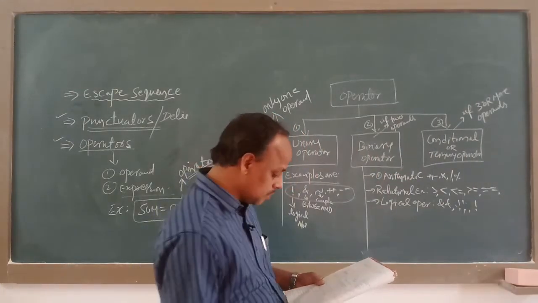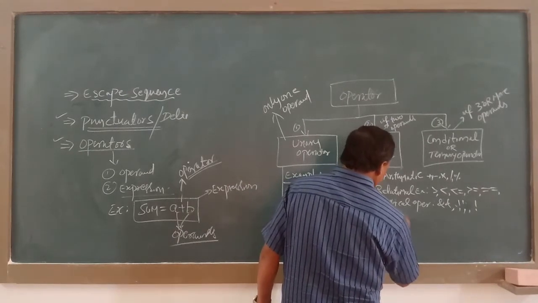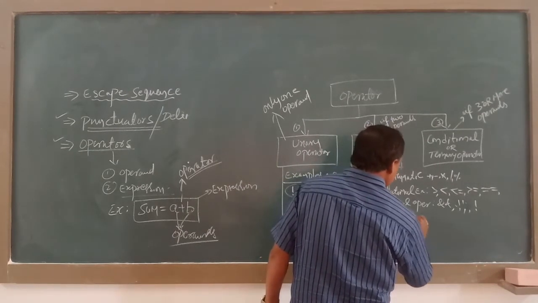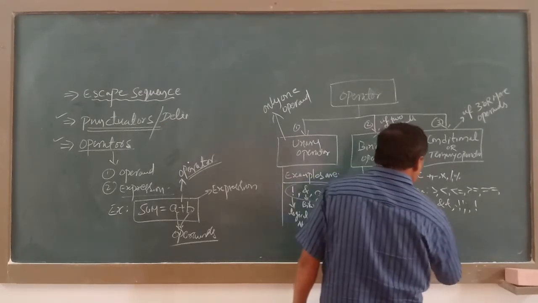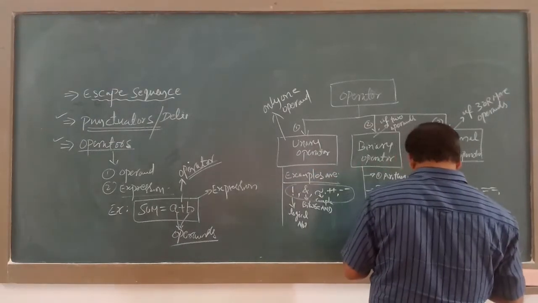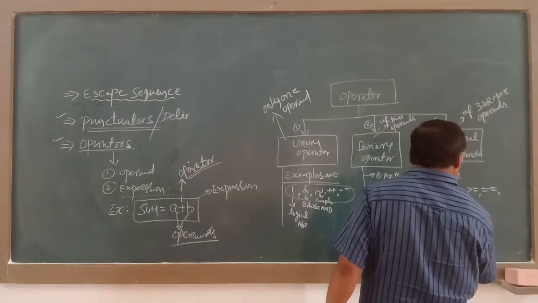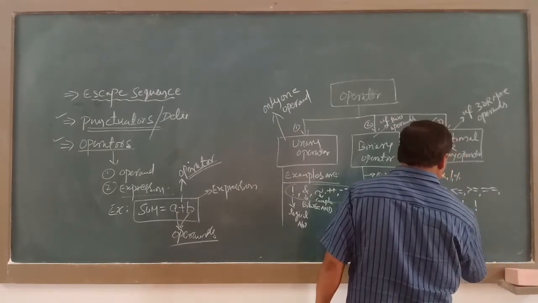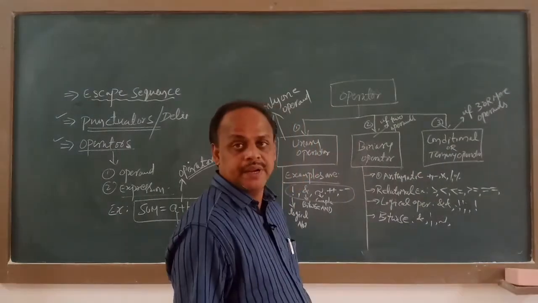And next comes the fourth one, bitwise operators. For example, bitwise and, bitwise or, bitwise not. Like this we have bitwise operators.